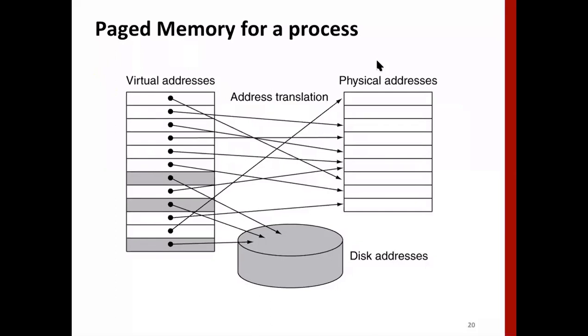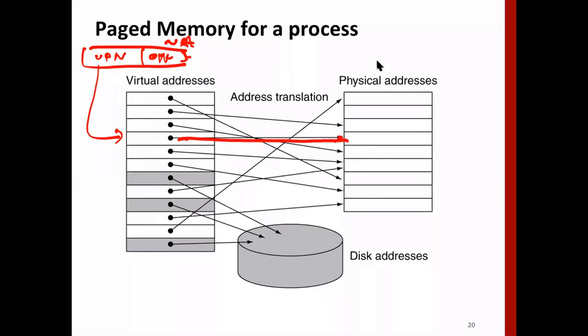So we get the virtual address from the program. It has two parts, as we have seen: the virtual page number and the offset. This total is called the virtual address. We use the VPN to look into an entry, and from there we get the mapping to the physical page number, and use the offset to find out which byte we are reading.